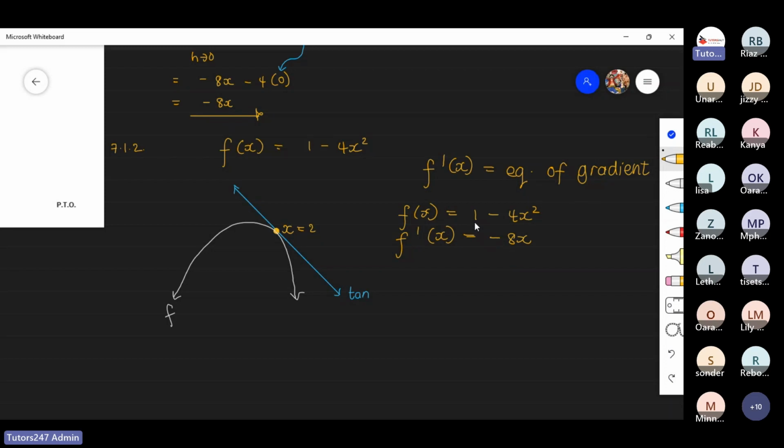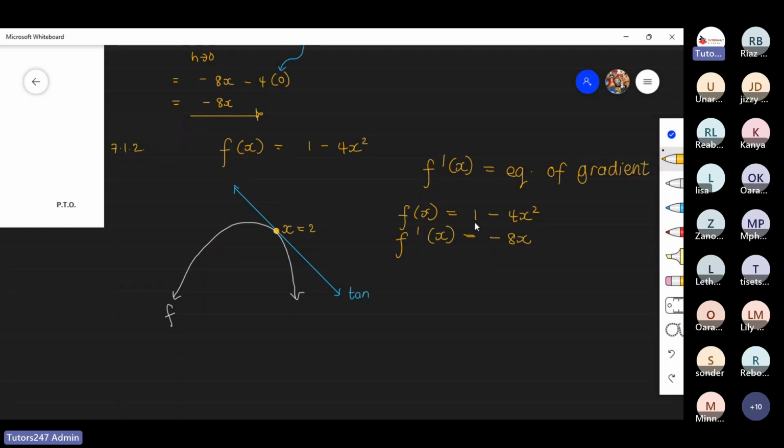So you can use this equation at any x value. If you want to find the gradient of the parabolic function at x equals negative 10, negative 2, negative 1, 0, 1, 10, 20, whatever, you use that equation, substitute the x value, and you'll get the different gradients at each point.